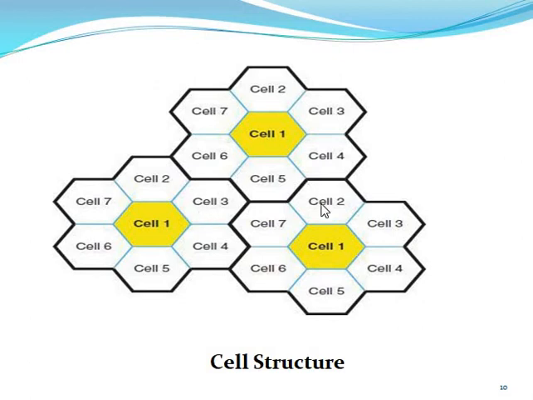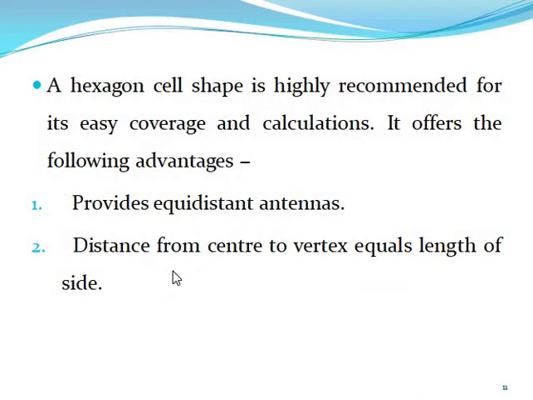You have seen that each cell communicates with the others, or is established here, but it is not compulsory. This cell communicates with a number of other cells. The hexagonal cell shape is highly recommended for easy coverage and calculation.